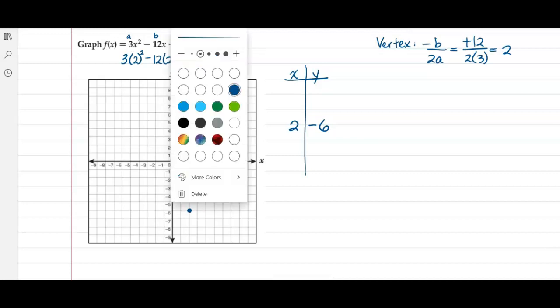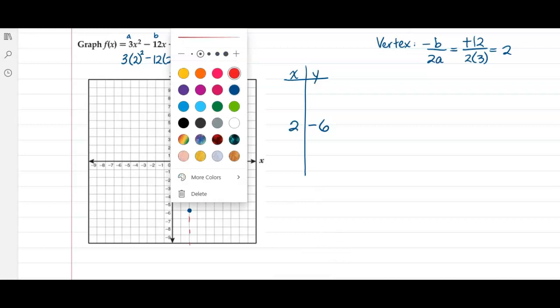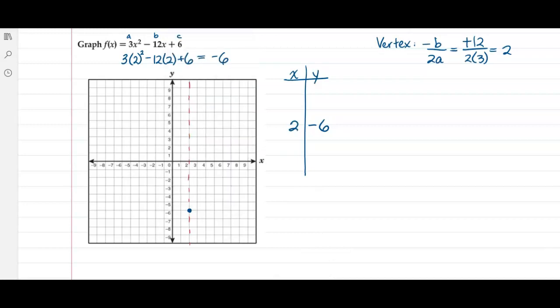I know this is also my axis of symmetry, so if it helps you, you can draw the axis of symmetry in, because you know the parabola is going to be symmetric around this red dashed line, which means I want to pick a couple points on the left side of my vertex, like maybe 0 and negative 1.